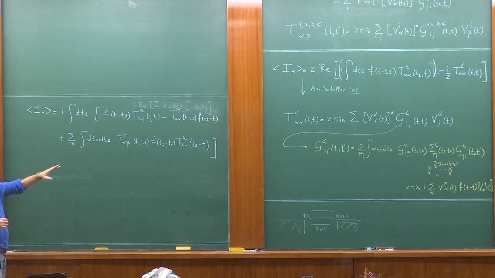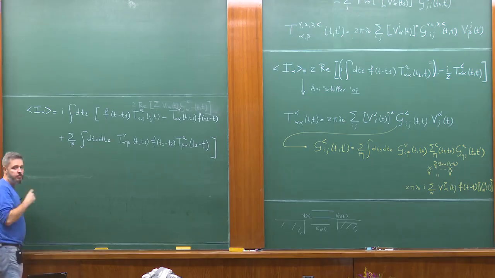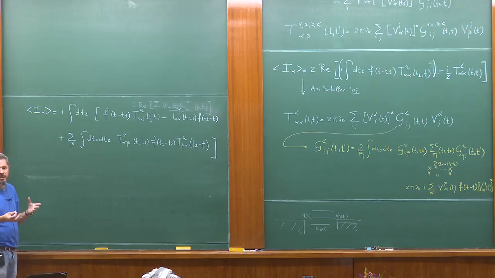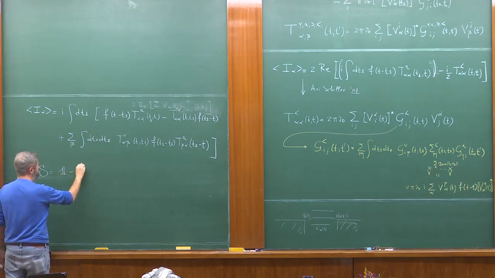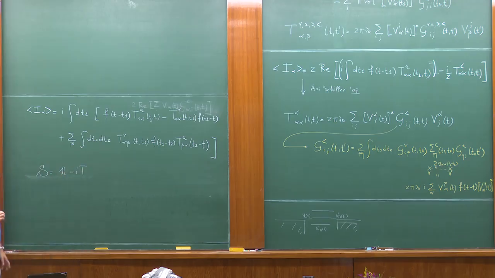I remember, in my first year of postdoc, I looked at this expression and said, maybe I should use the same relation between the S matrix and the T matrix that exists for the standard scattering problem. In the standard scattering problem, the relation is S equal to the identity minus i times the transmission matrix.